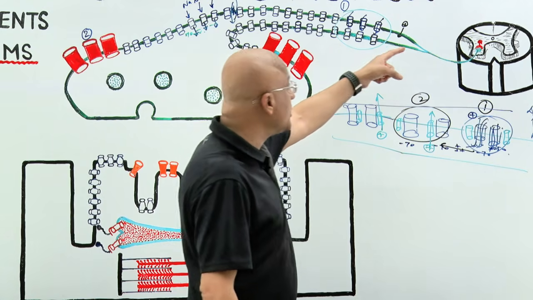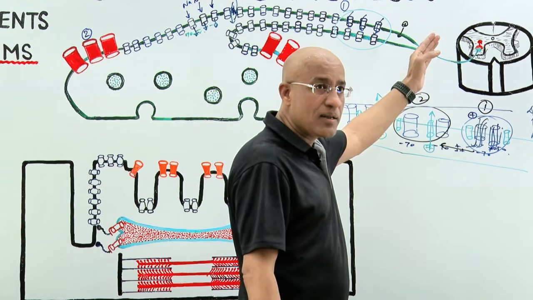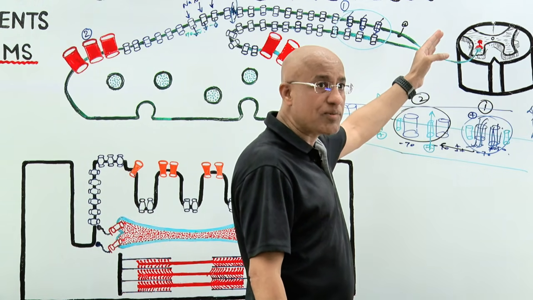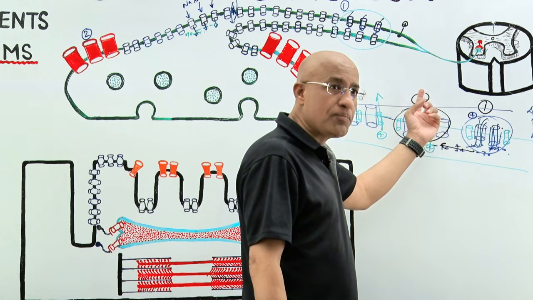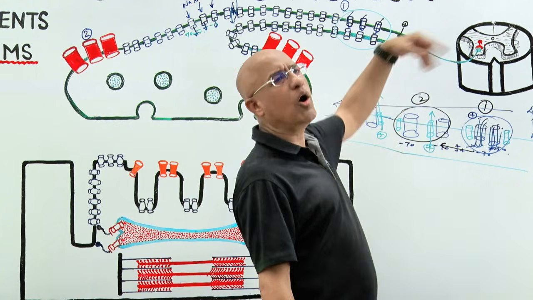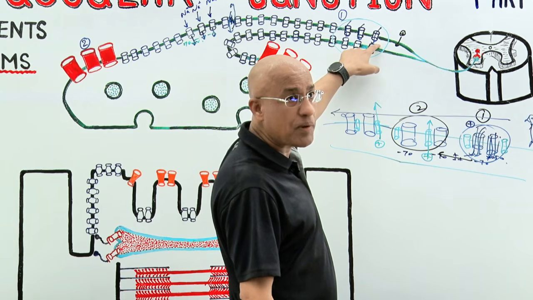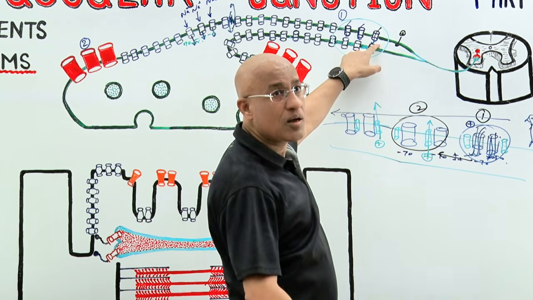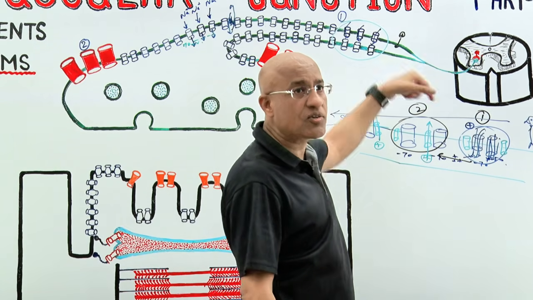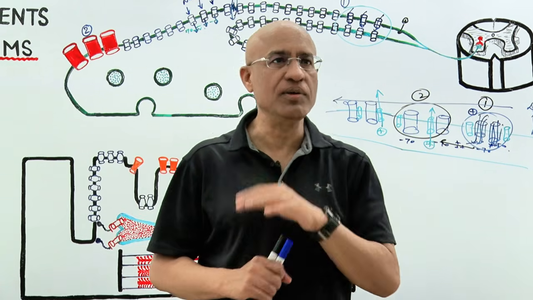The moment depolarization progresses ahead, in the membrane which remains behind the voltage gated potassium channels are activated and potassium efflux occurs. So we gained the cations, we lost the cations. By gaining cations inside, we went from -70 to eventually +20. And by loss of cations, we re-established negative polarity and eventually reached -70.